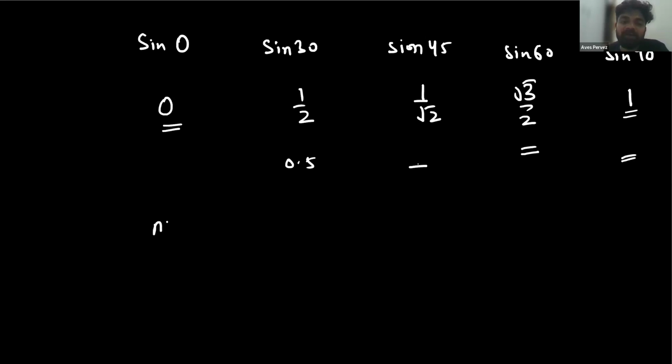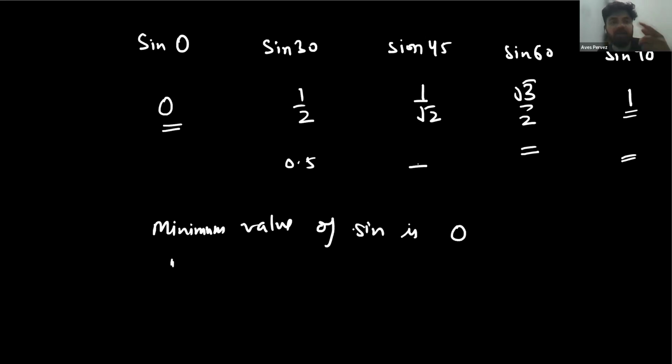It means the minimum value of sine is 0, and the maximum value is 1. It can be negative also, but for positive values, the sine values lie from 0 to 1. It does not increase beyond 1.